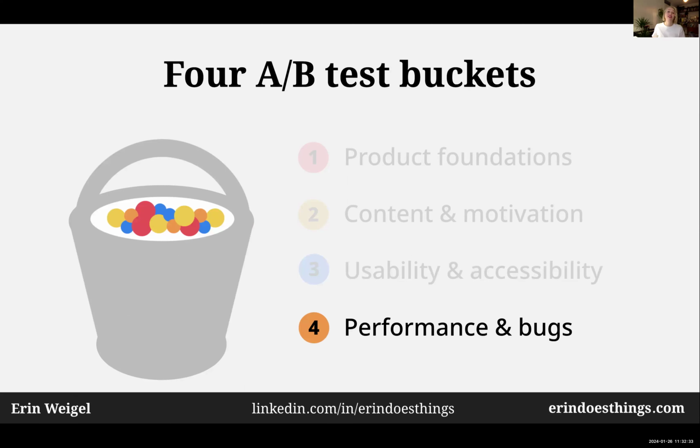And then finally, the last bucket that is not explored nearly enough, I imagine, is performance and bugs. And oftentimes people don't necessarily engage their engineers or developers to come up with experiment ideas, but they offer a lot of value in coming up with great ideas in this particular bucket.